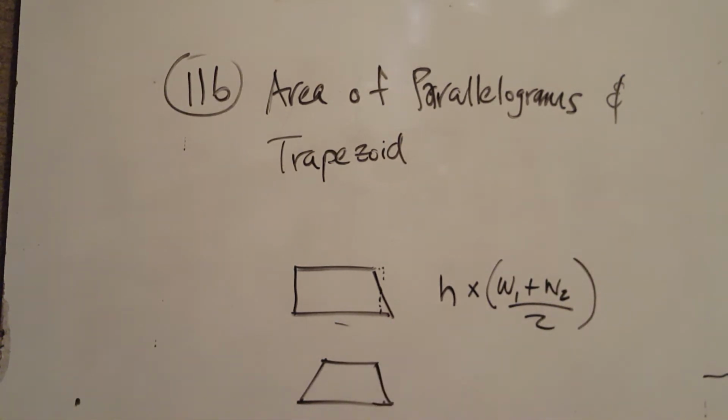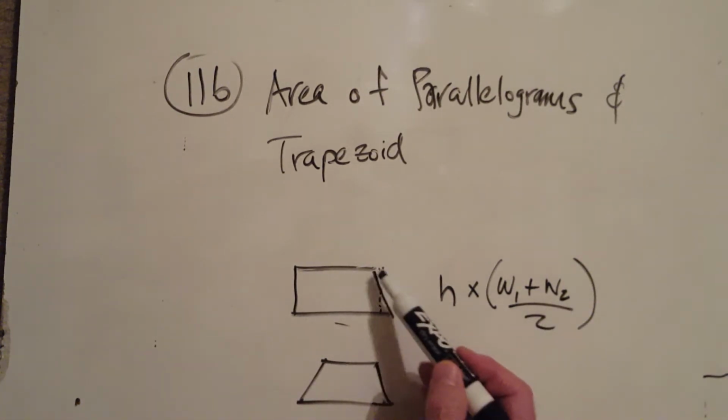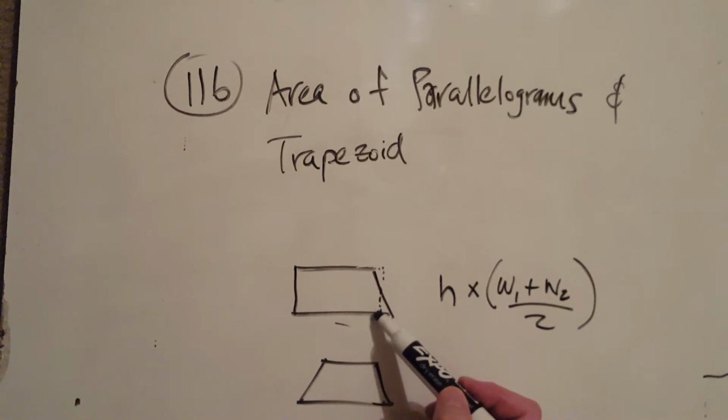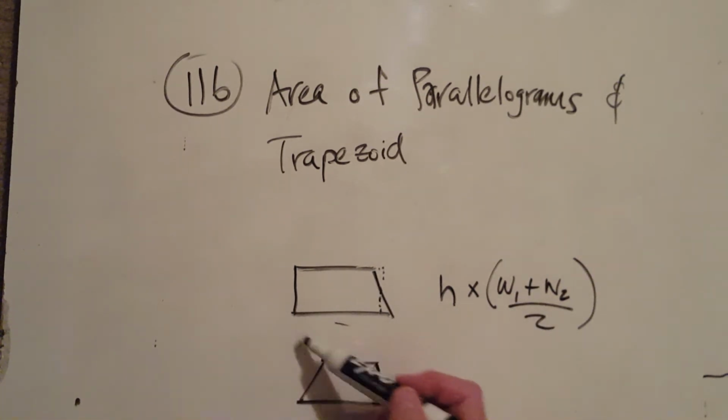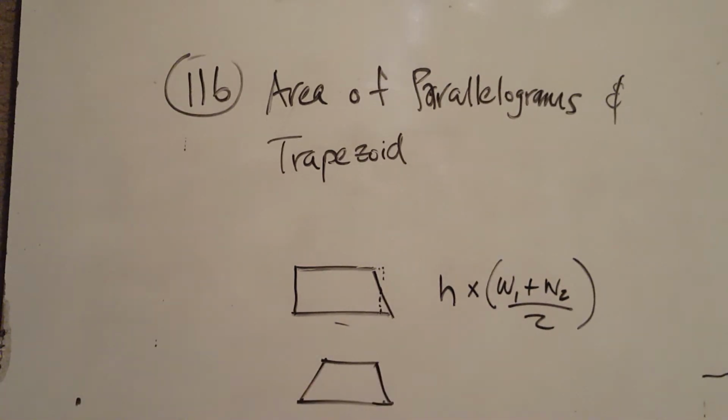Okay, so that's going to be your area for a trapezoid, because your width 1 is, let's say, this leg and it comes all the way out here. Width 2 is this leg. Well, if you add those and divide by 2, then what you get is the average length, right? All you're doing is taking the average length. So you take the average length, multiply it by the height, and boom, that's the area of your trapezoid.